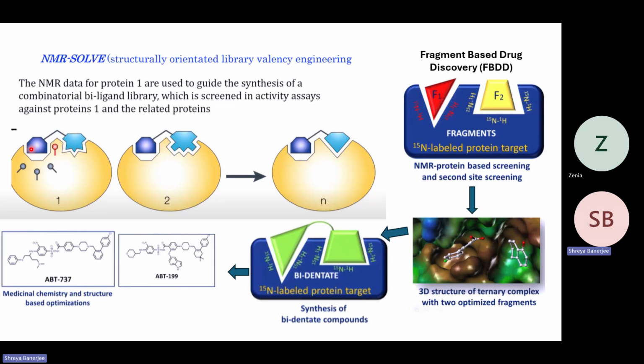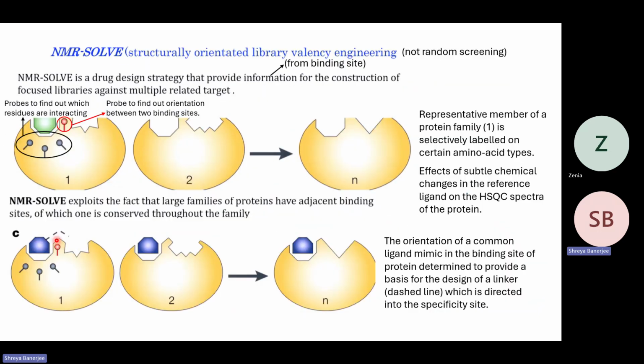Eventually that is also optimized. So we saw in SAR by NMR how two ligands can be linked in order to get a much higher affinity ligand.